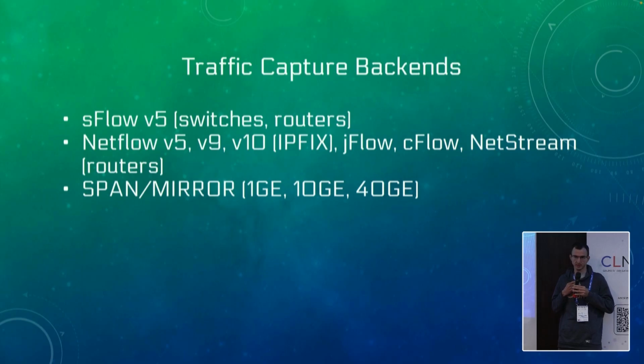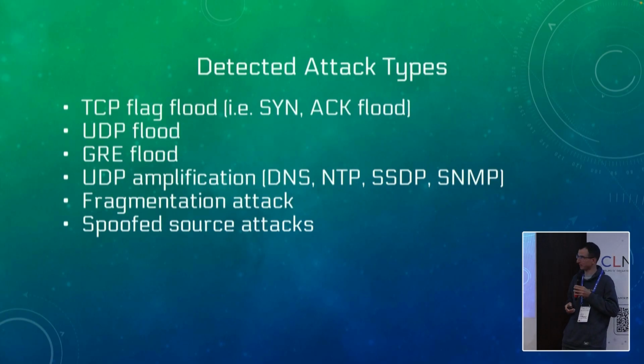From my personal taste, sFlow or inline monitoring services on the Juniper platform are the best protocols for DDoS detection. But again, it's not for us to decide. If you already have some traffic telemetry, let's use it, and Fastnetmon will handle it very well. And again, the names of detected attacks exactly match the vectors of attack. I explained it at the beginning of the presentation.